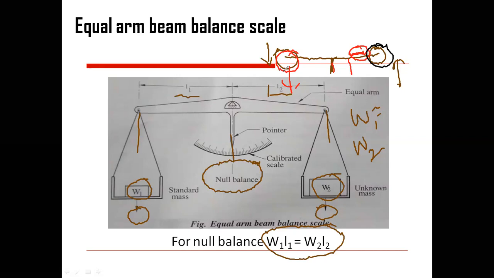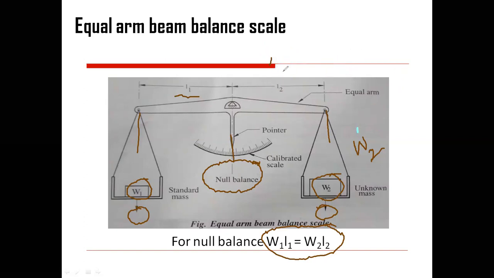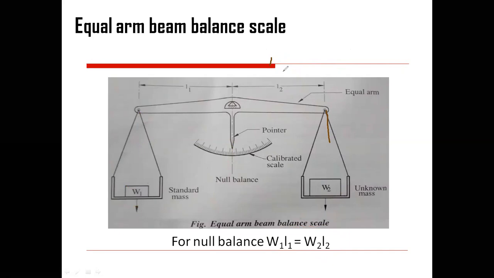At that time he uses a long spanner so that the force exerted will be maximum at that place. Okay, so this is your equal arm type of balance scale, beam balance scale.